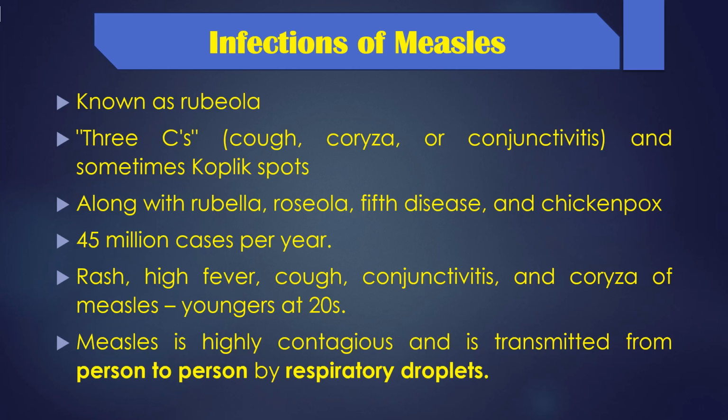Every year, 45 million cases were observed with this measles infection. The infections are majorly observed in younger age, less than 20 years, who experienced the rash, high fever, cough, conjunctivitis, and coryza of measles. Measles is highly contagious and is transmitted from person to person by respiratory droplets.